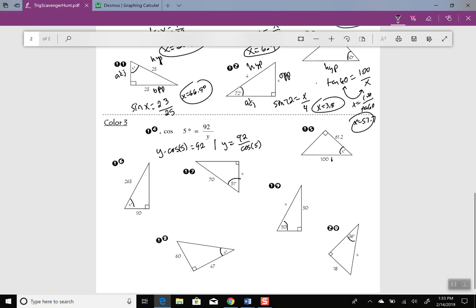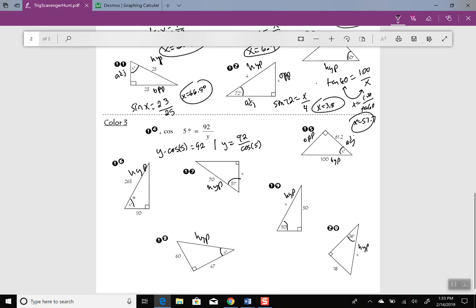Opposite the 90 is my hypotenuse. This is the adjacent. This is the opposite. Opposite the 90 is hypotenuse.